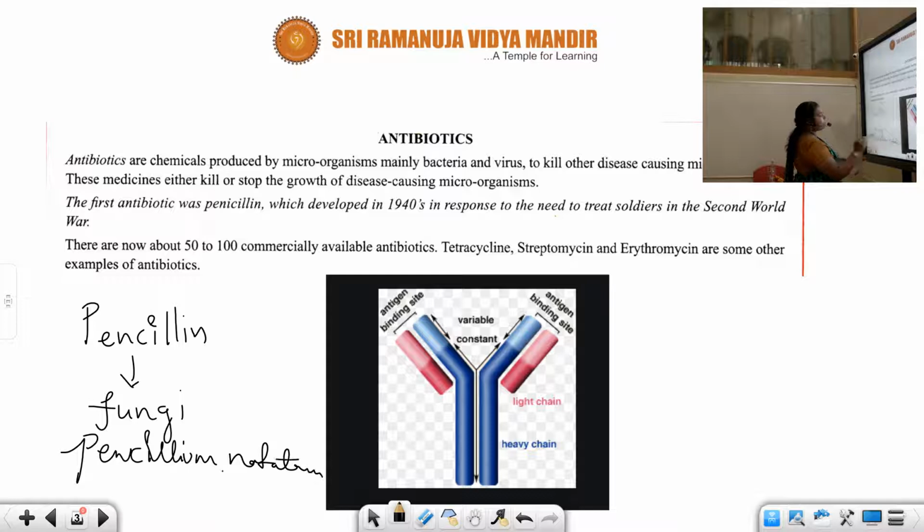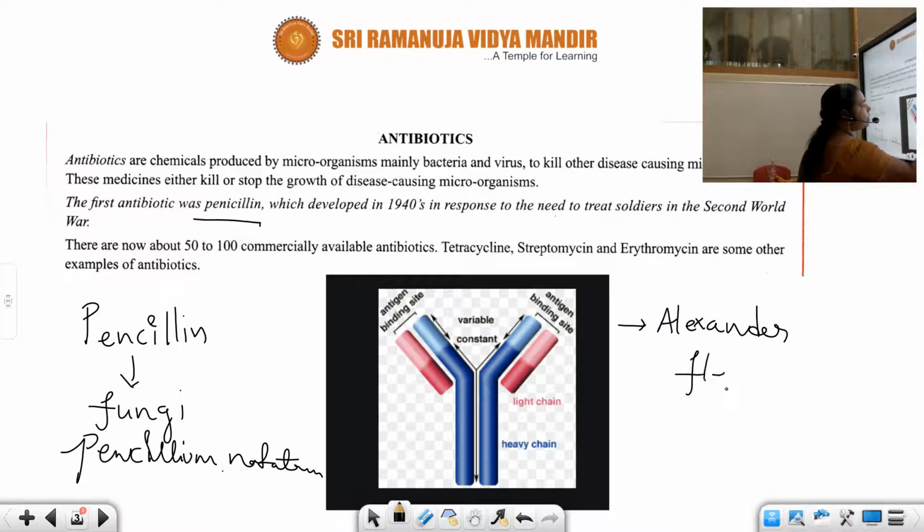From this fungus the antibiotic penicillin is prepared. The first antibiotic prepared was penicillin, developed in the 1940s, especially during the Second World War time. This antibiotic was for the first time discovered by Mr. Alexander Fleming.